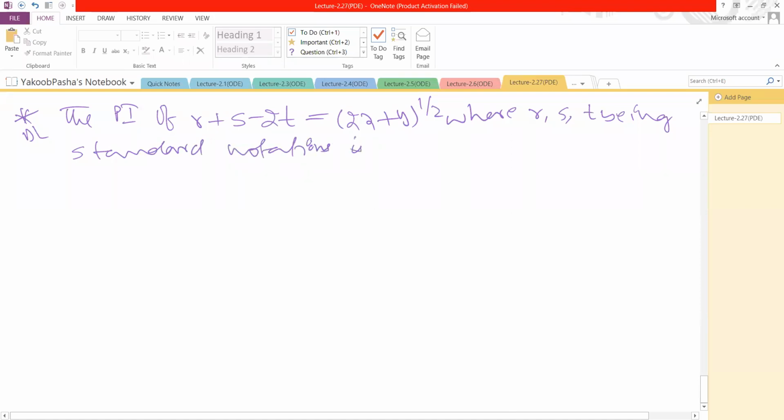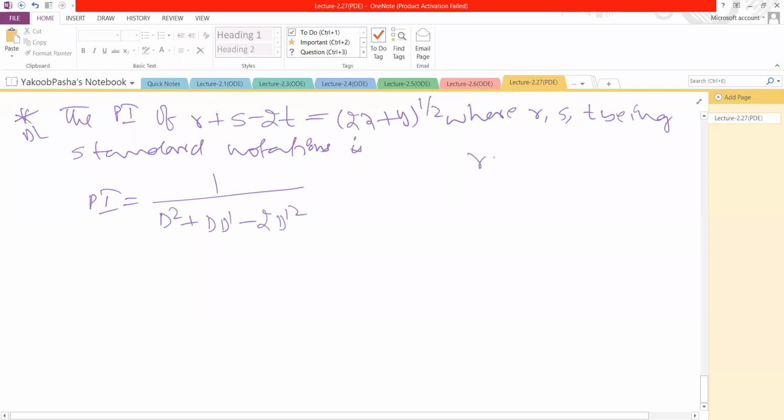Notations is just, we have to find the particular integral only. So 1 by r square means D square, r means D square, s means D dash, and t means D dash square, so 2 into D dash square.